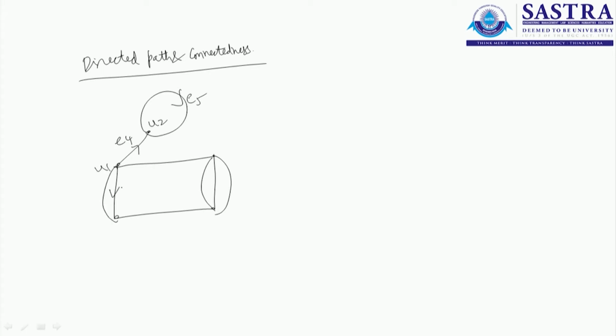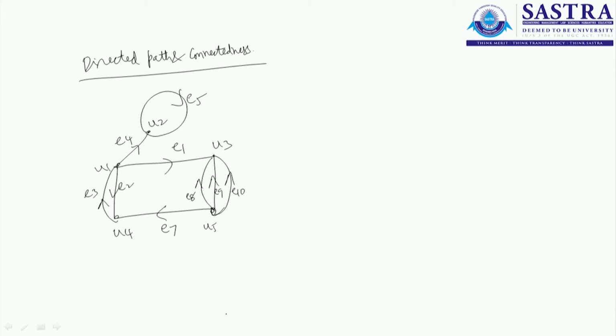I have two edges, this one is E2, this one is E3. The direction is important here. This one is E7, U4, U5 and U3, this one is E1, E8, this one is E9, this one is E10. So now you have a graph like this.